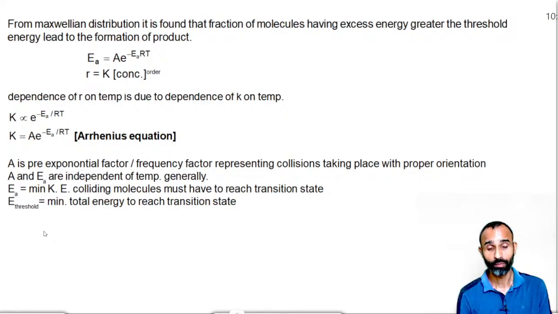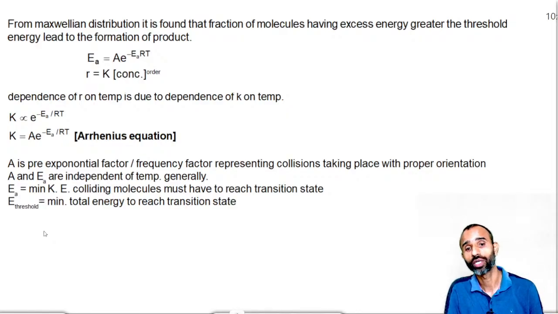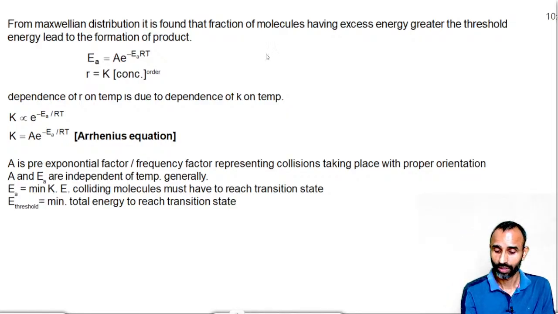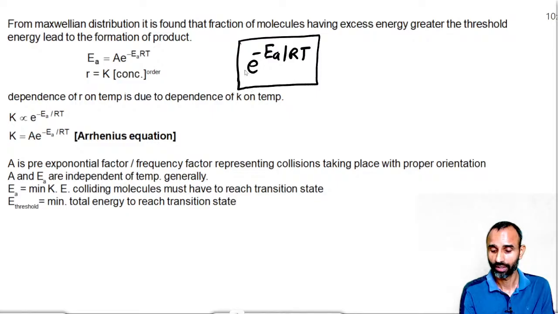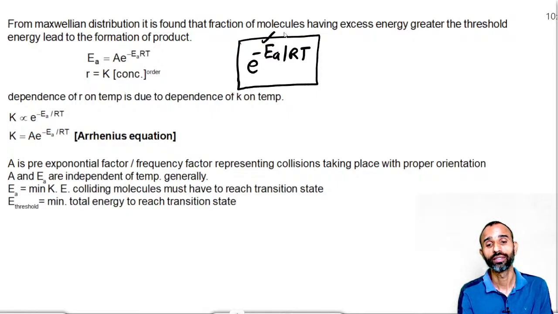And from Maxwellian distribution, what is this A e raised to power minus Ea by RT? The fraction of the molecules with energy greater than Ea.